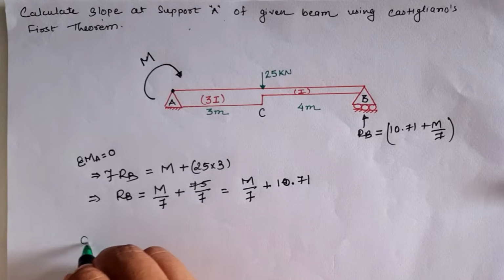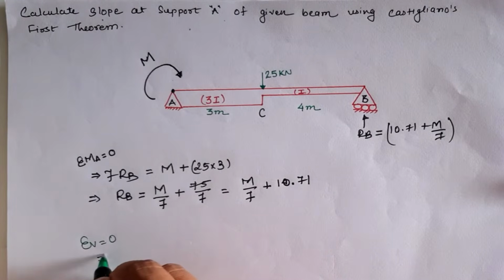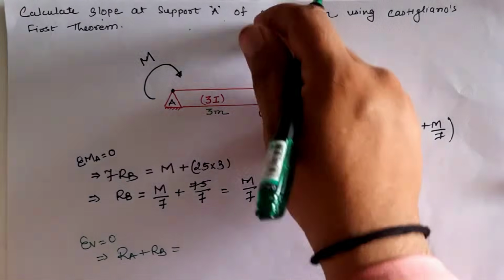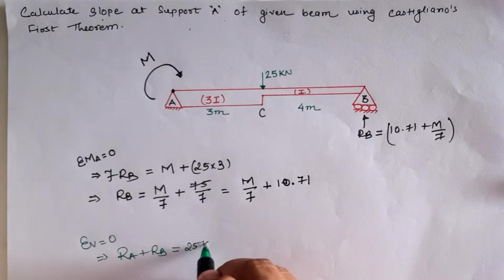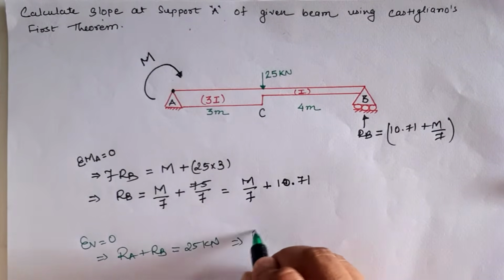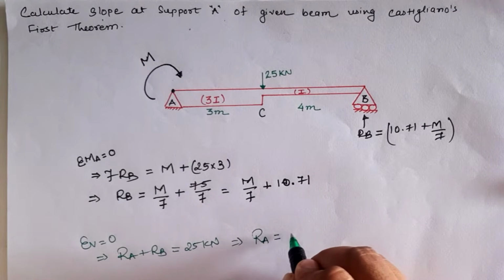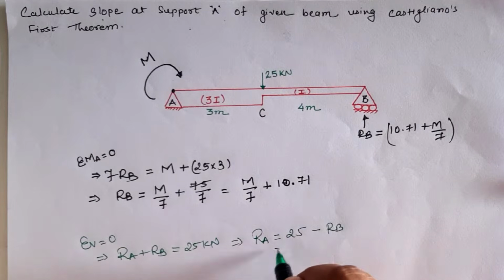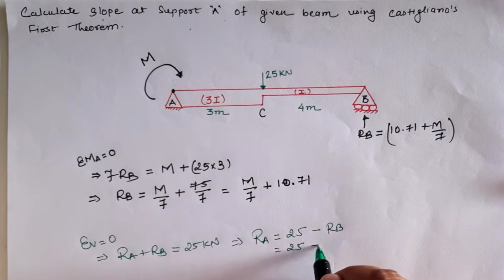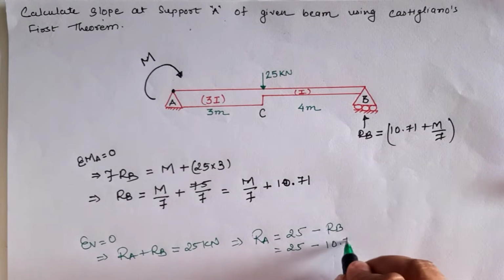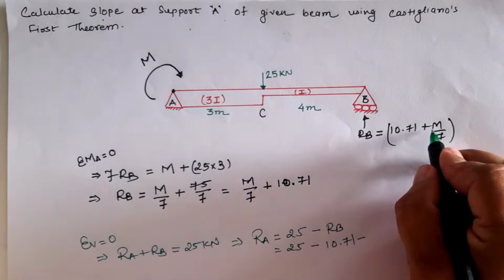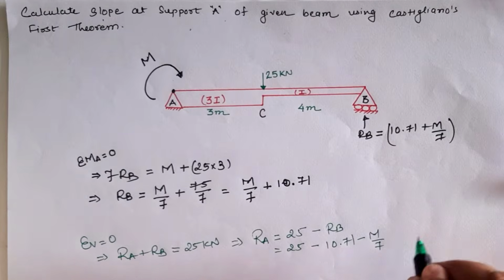Now taking sigma V equal to 0, we will have RA plus RB equal to 25 kilonewton as the downward load, hence RA equals 25 minus RB. So the value is 25 minus 10.71 minus M by 7.